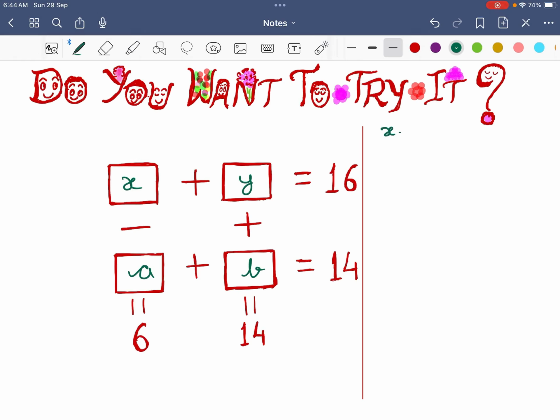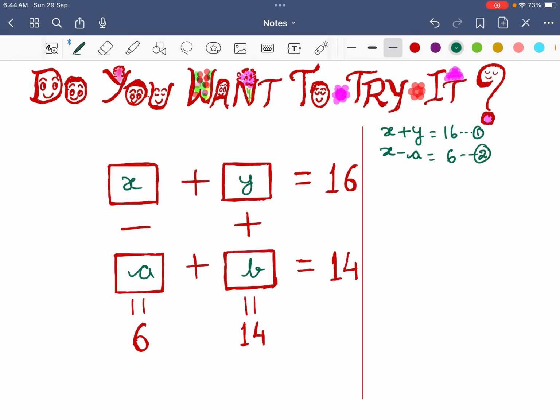So first I can form x plus y is equal to 16. This is equation 1. And second I can get x minus a is equal to 6. This is equation 2.